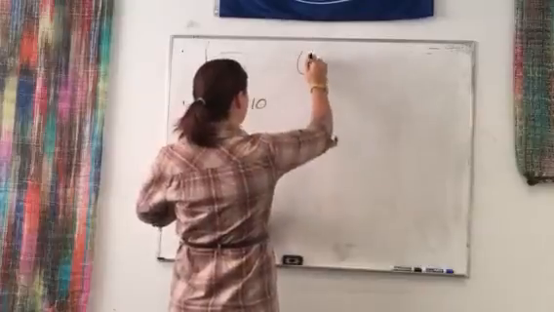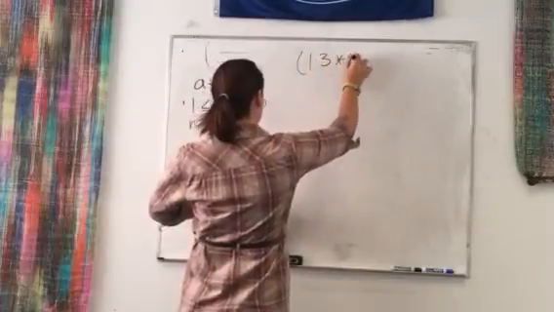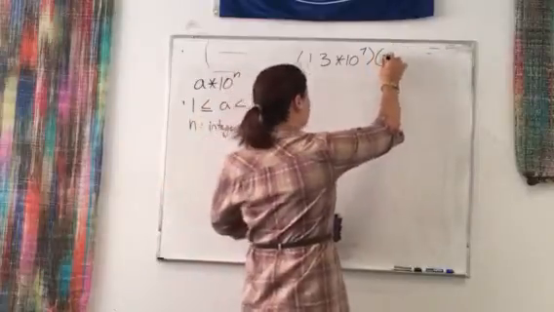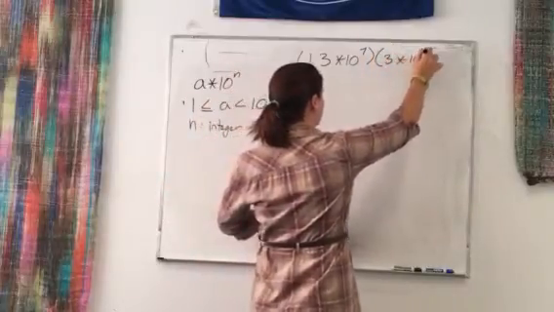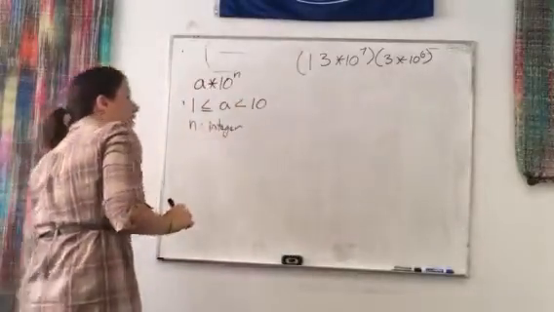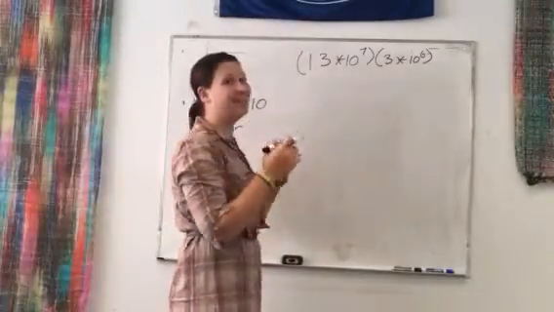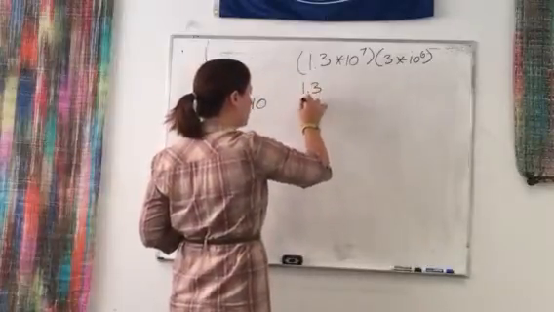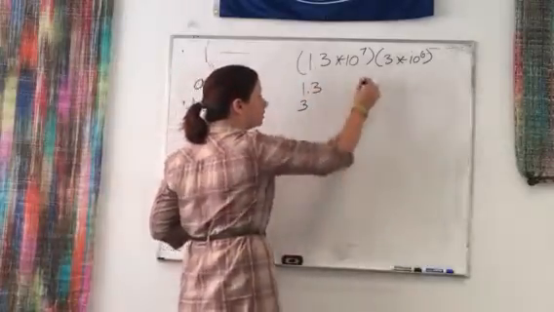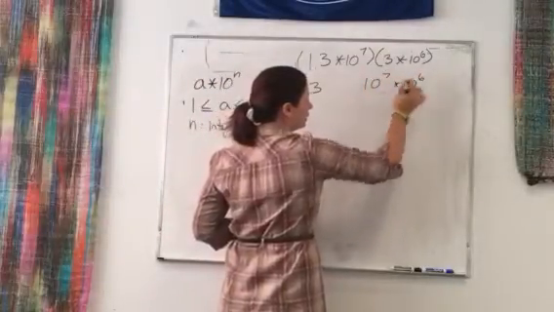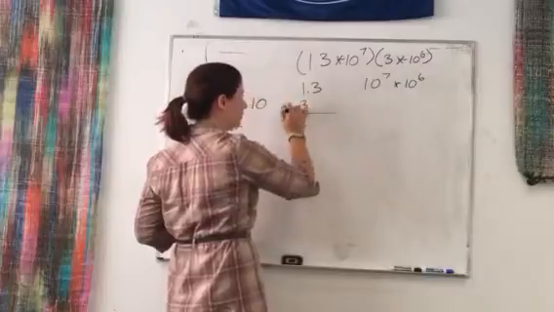So say we had 1.3 times 10 to the 7th times 3 times 10 to the 6th. So that means we need to look at the like things together, meaning we need to multiply 1.3 and 3 together, and multiply 10 to the 7th and 10 to the 6th together.